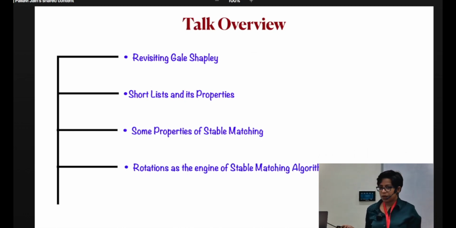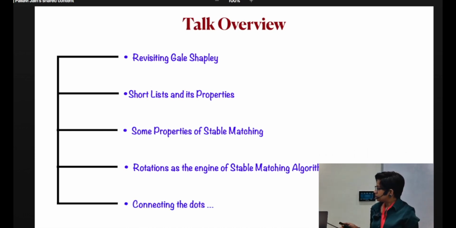And we learn about a very important object in the world of stable matching called rotations, which are really the machinery behind the whole lot of work that has happened in stable matching in the last 40 years or so. After that, we'll connect some dots and see where the lay of the land is.